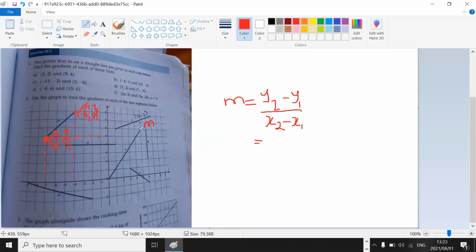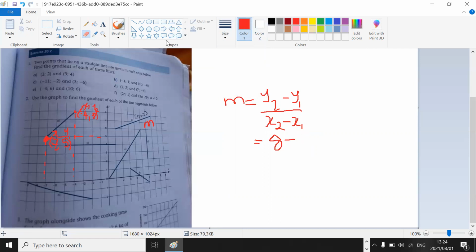Now let's substitute. Y2 we're going to substitute by what? By 8, yes. Then minus y1. Is it negative or positive? It's positive, therefore we just say minus 5 in that case.